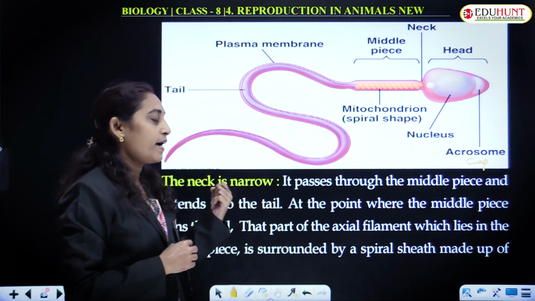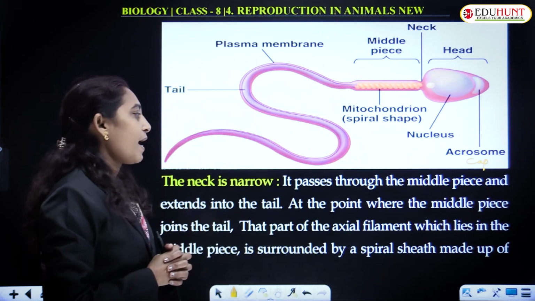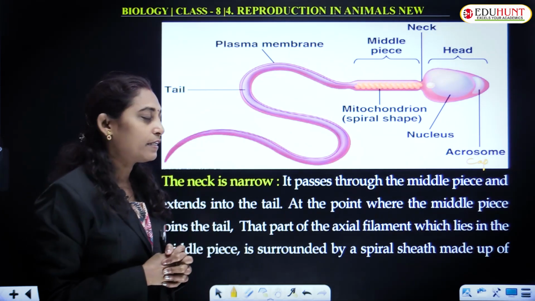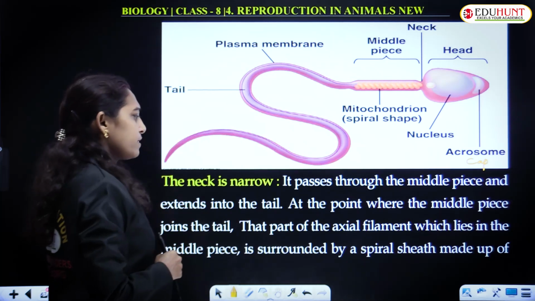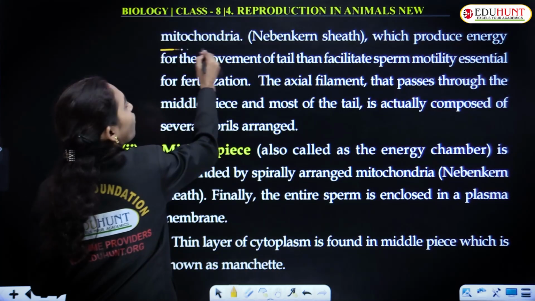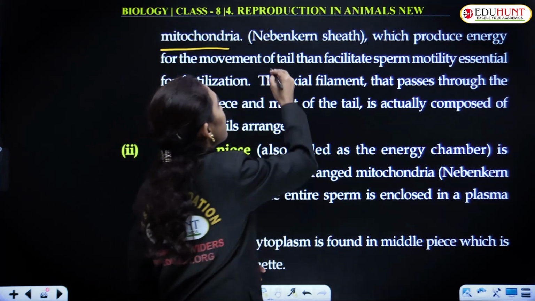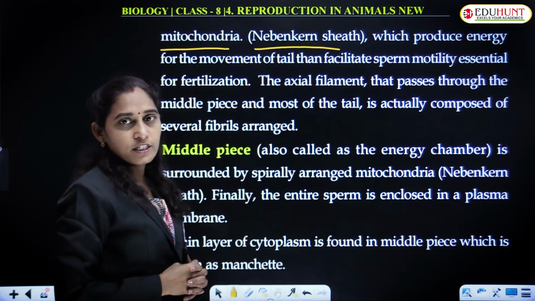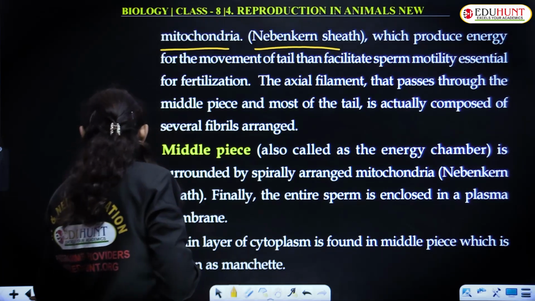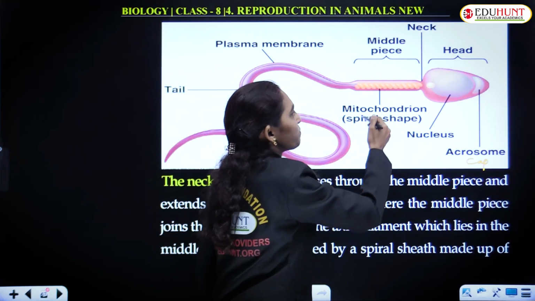At the point where the middle piece joins the tail, the part of the axial filament which lies in the middle piece is surrounded by a spiral sheath, which is made up of mitochondria. It is also known as the Nebenkern sheath, which is spiral in shape.